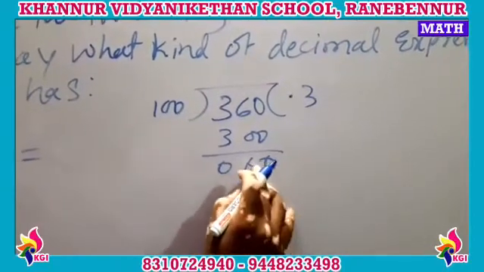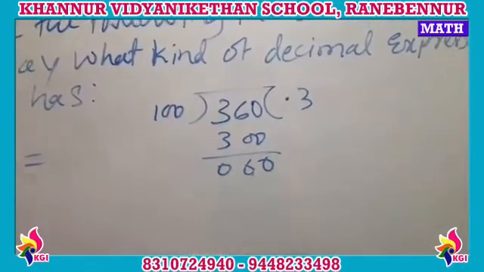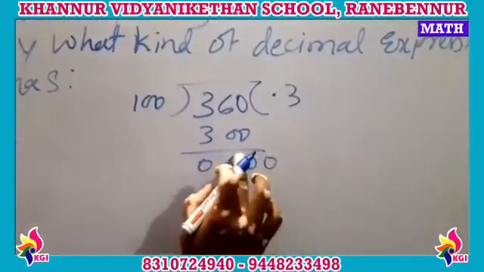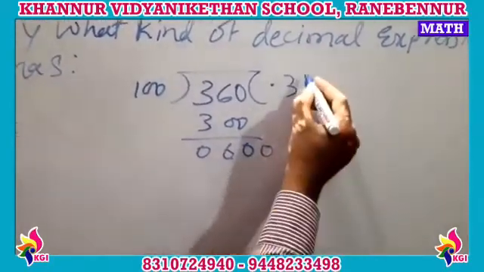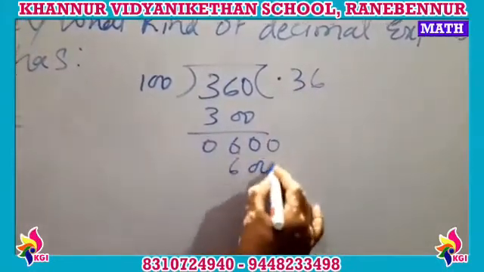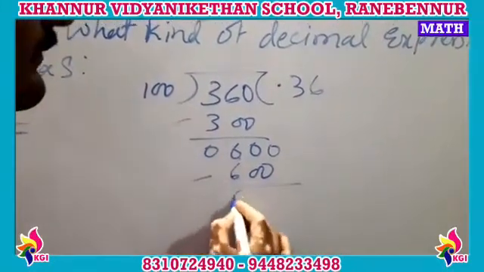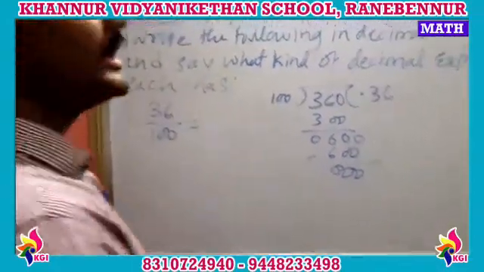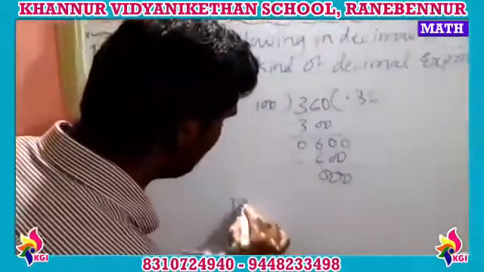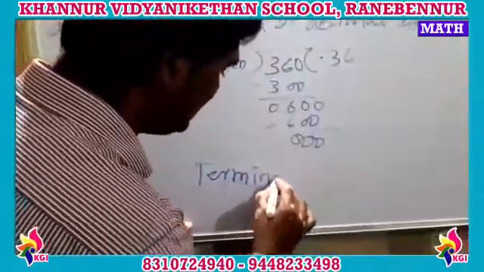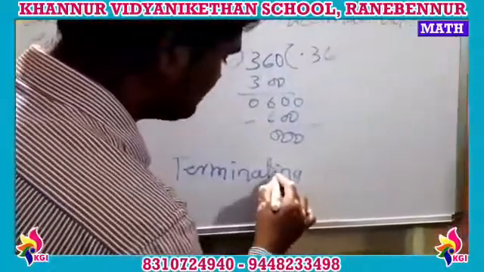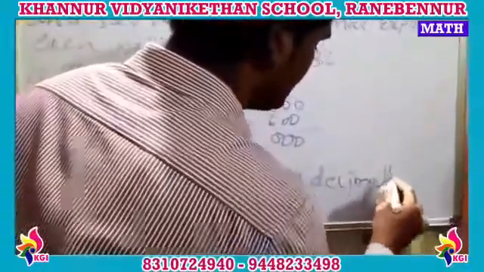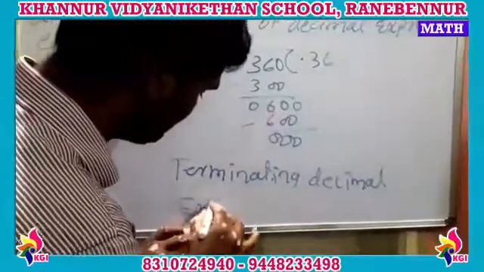Okay, so it is 60 remain. Then next, already put a point now, so take a 600. Then 100 6s are 600. I am left with nothing. So it is 0 0 0. So which kind of decimal expansion? It is terminating decimal expansion.